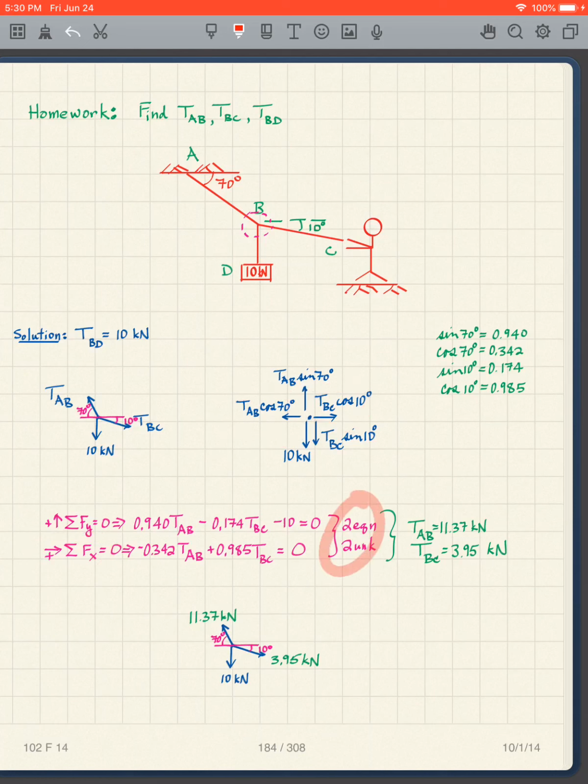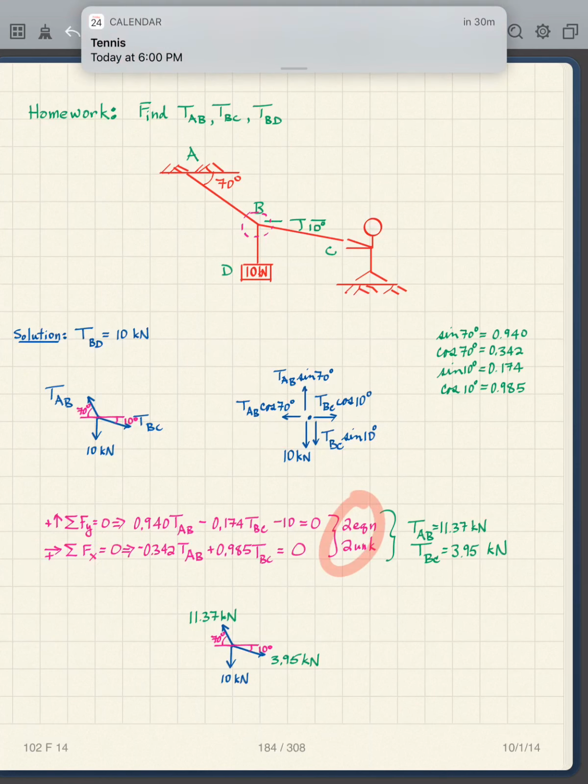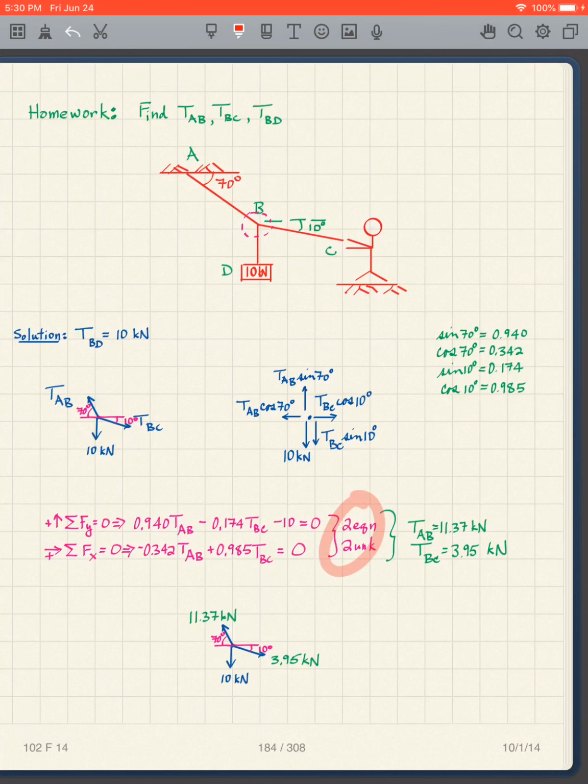Again, I get 2 equations, 2 unknowns, and I can solve for this. Looks like that. So my end result is this.